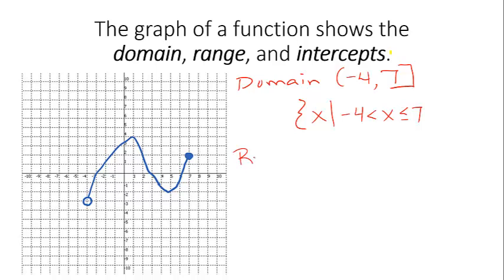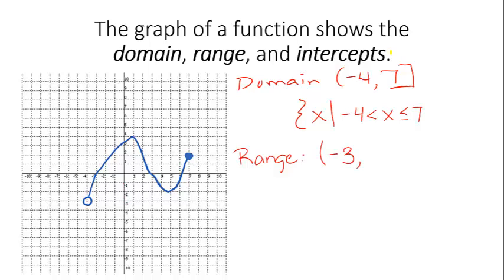We can do the range values exactly the same way. Range values, we know, talk about the y values or the output values. So we're looking here along the y-axis, and I want to look for my smallest y value. As I walk, I see that -3 right here is the smallest y value. Again, I'm going to put a parenthesis because it's not included.